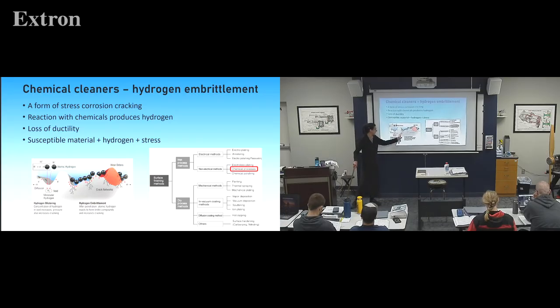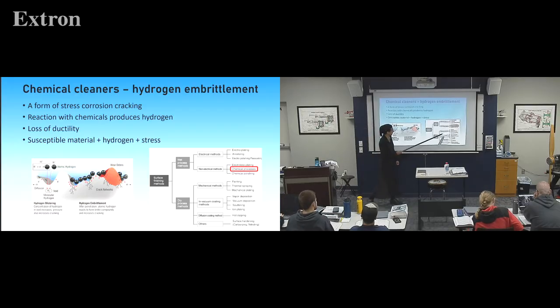And it's going down into cracks. So it's below the surface. It's putting it into the metal, which is why it loses its ductility, because it's going internal, and now it's not ductile and the hydrogen is trapped.